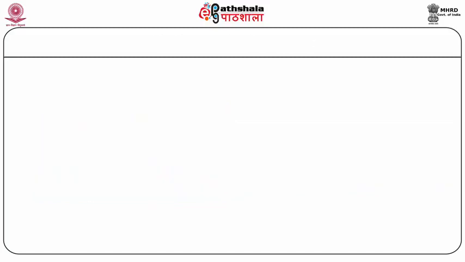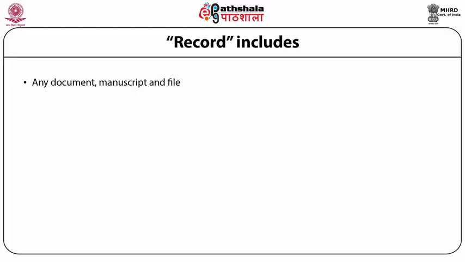In the context of right to information, it is very essential to know what a record means. Basically, a record includes any document, manuscript and file. It can be in the form of microfilm, microfiche and facsimile copy or fax copy of a document.